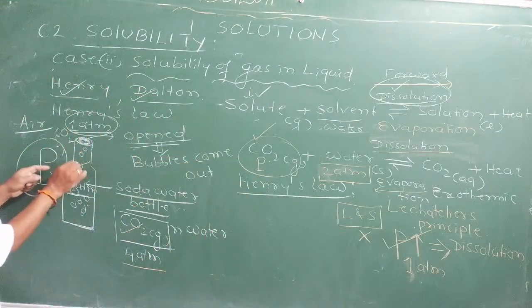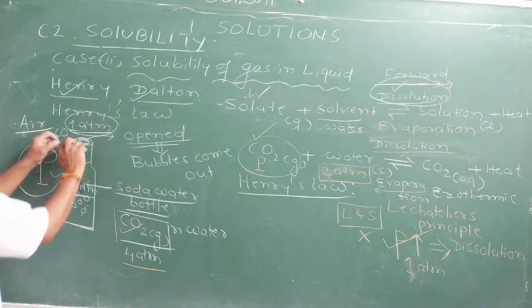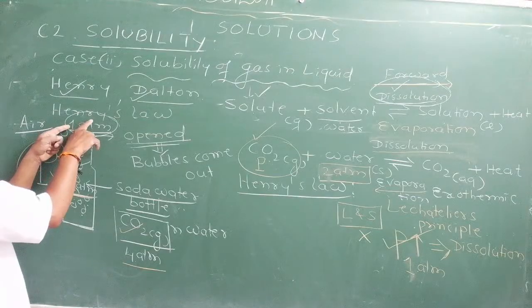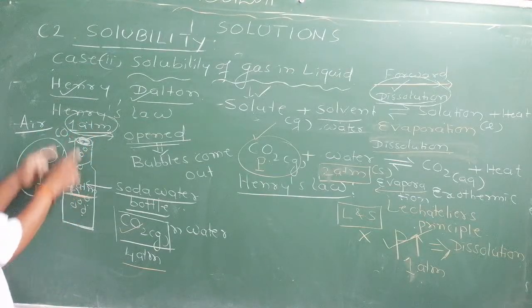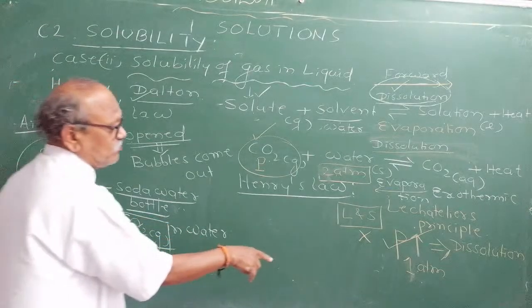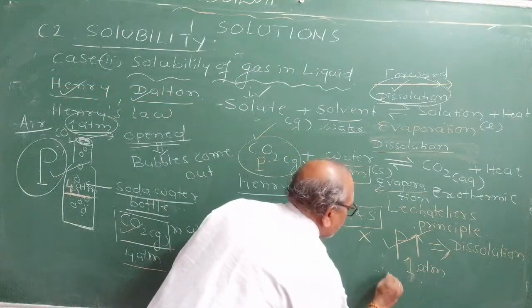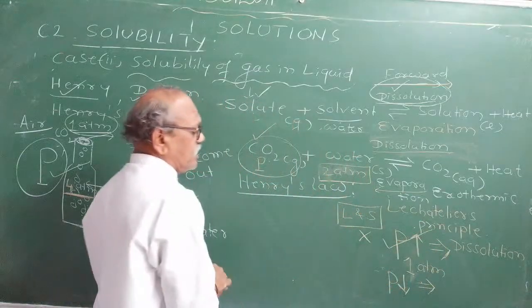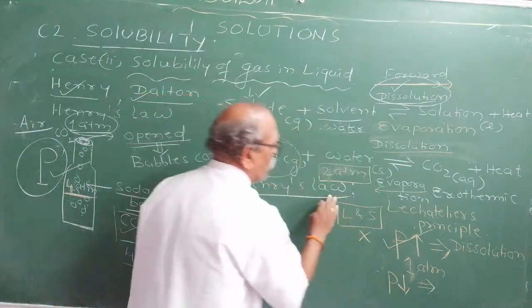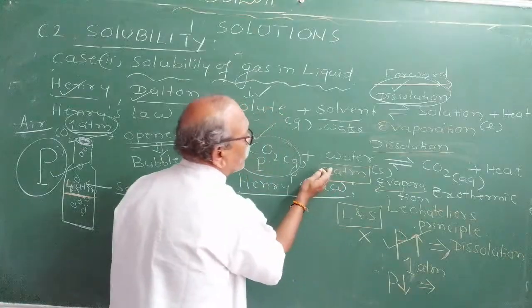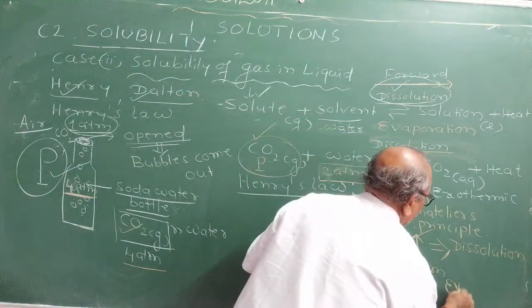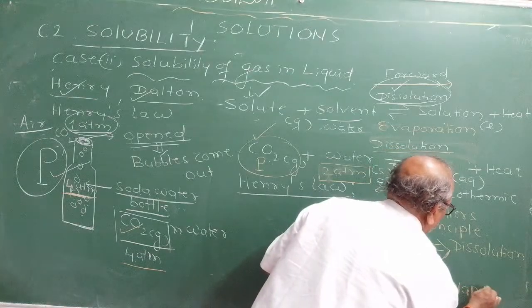Therefore, once you decrease the pressure, open the knob, it was at 4 atmosphere in the dissolved state. Atmospheric pressure is 1 atmosphere. When the pressure is decreased, according to Le-Chatelier's principle, to restore to 2 atmosphere, more evaporation takes place, the backward reaction takes place.